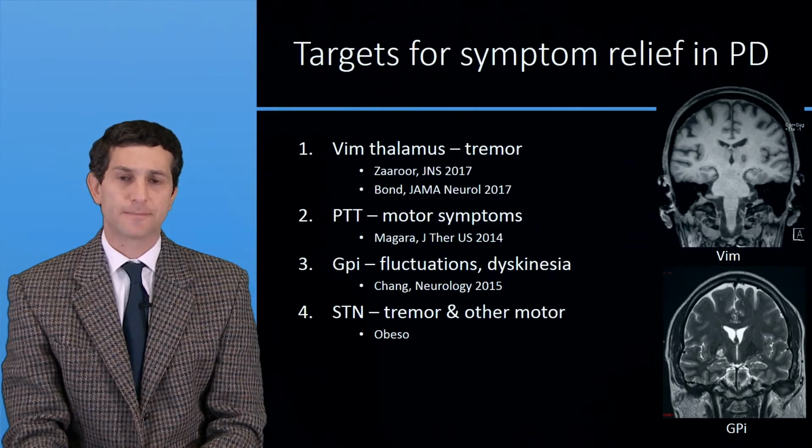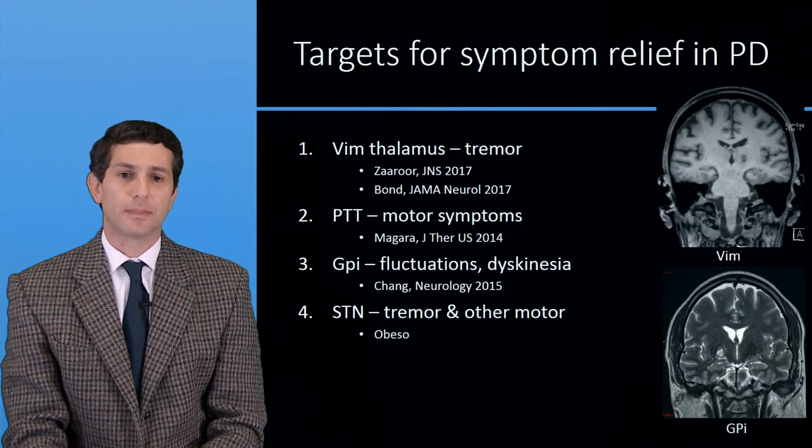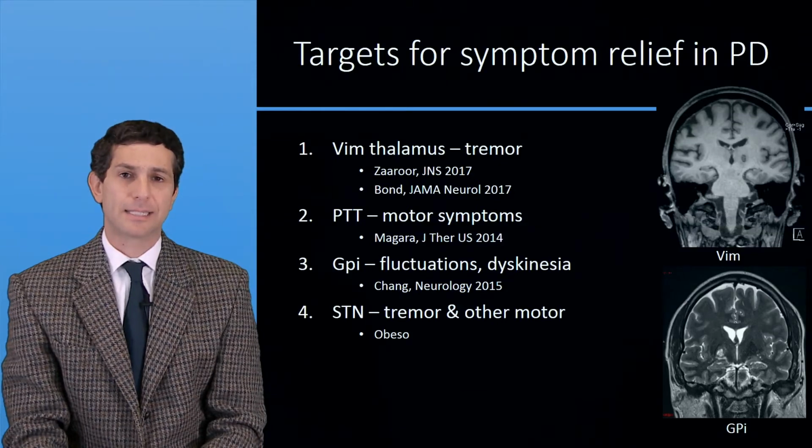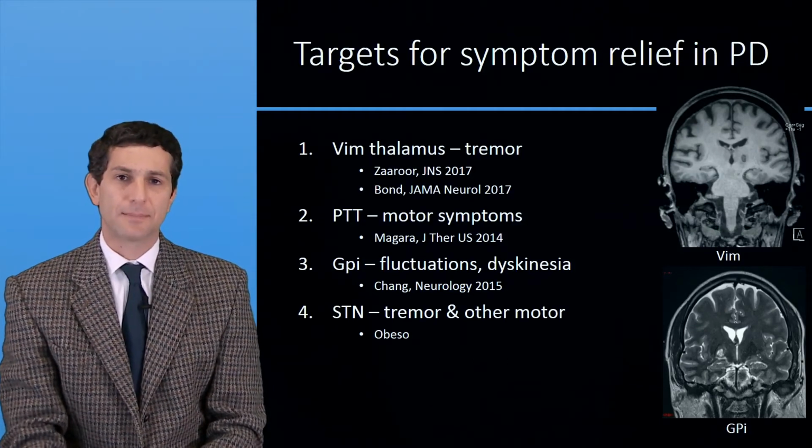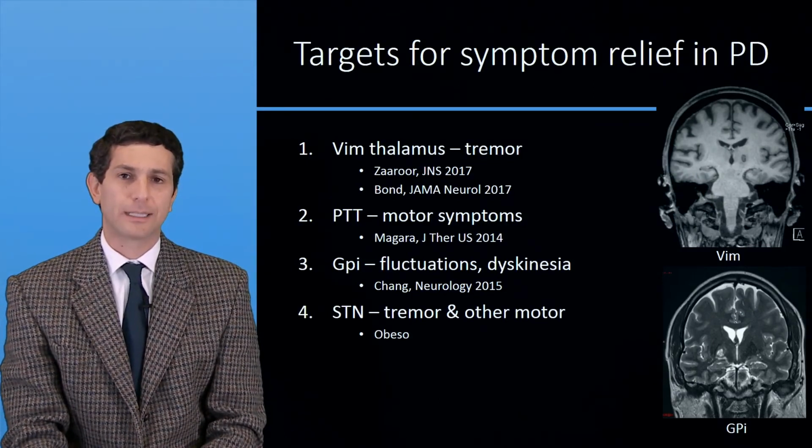The globus pallidus has long been known to be a nice target to manage dyskinesia or hyperkinetic symptoms that you see with medication or chronic levodopa management.